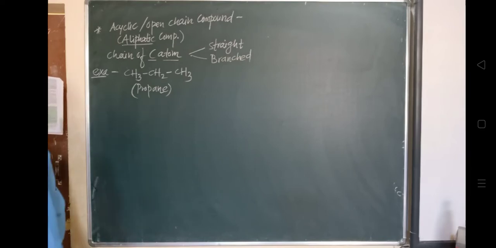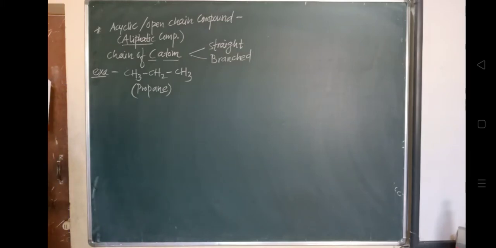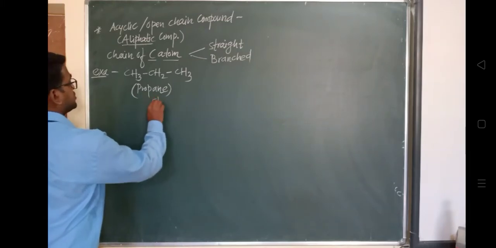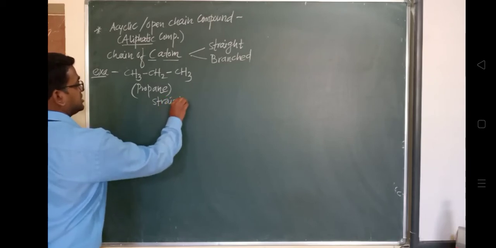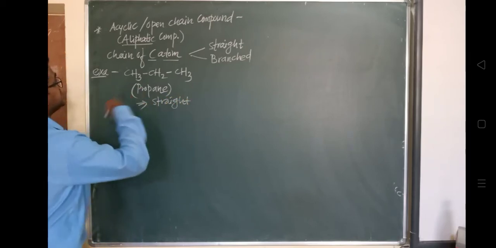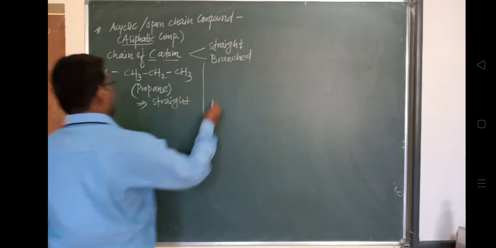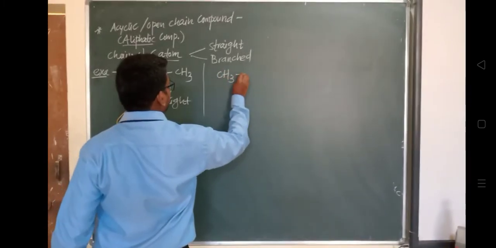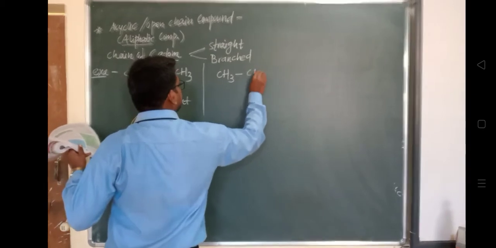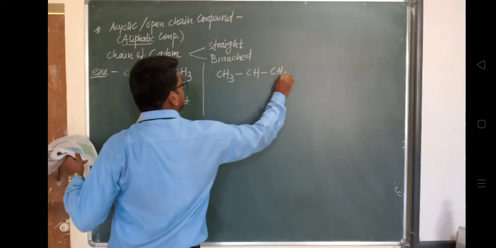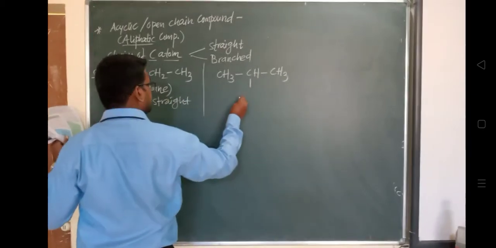Then another example, if we talk about branched. This is the example of a straight chain of carbon atoms. If we see another example, branched chain, CH3, look at this example, CH, and this is CH3. Once again, this carbon, दूसरा क्या है?